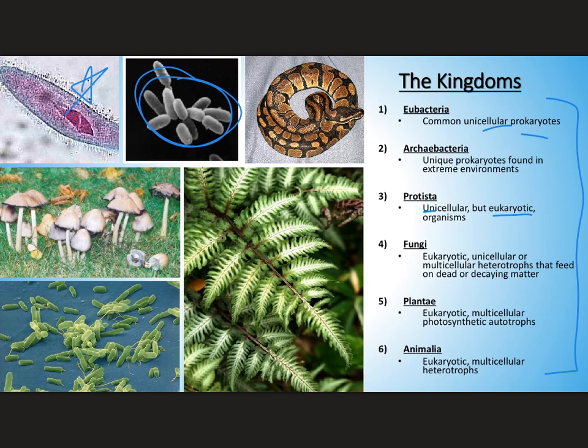They can't do anything like photosynthesis, but they have to feed off of organic matter, and they do that by breaking down matter in the soil usually. Then you've got the plants, right? The plant kingdom, like this fern right here, are eukaryotic, multicellular, and photosynthetic, or autotrophic. And then the animal kingdom, of course, like us, are eukaryotic, multicellular heterotrophs.